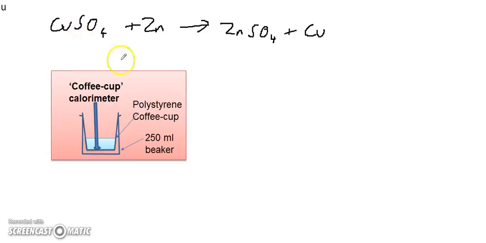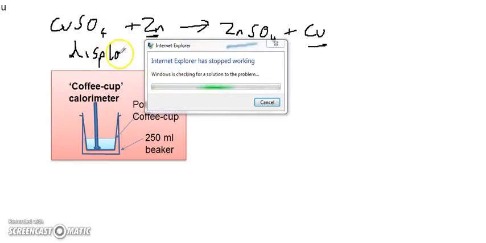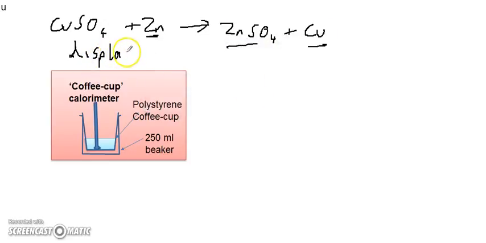Okay, in the lab you're going to try and find out the enthalpy change of reaction, so that's the heat energy transferred when copper sulfate reacts with zinc to make zinc sulfate and copper, and you probably recognise that as a displacement reaction.